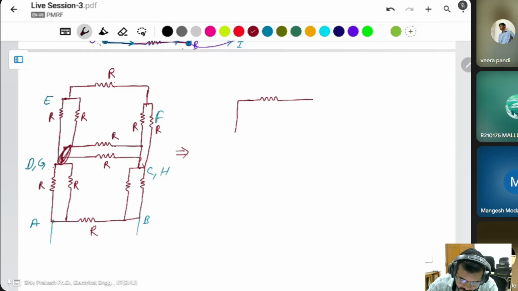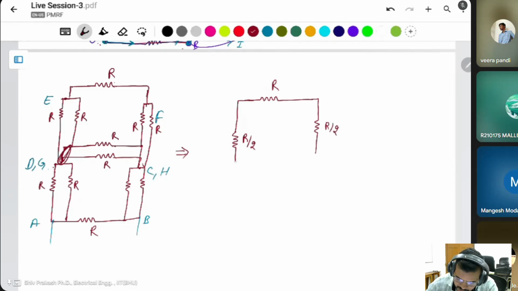Then two resistances here in parallel, and the equivalent of this one is R by 2. This two resistance also here, equivalent of this one is R by 2.